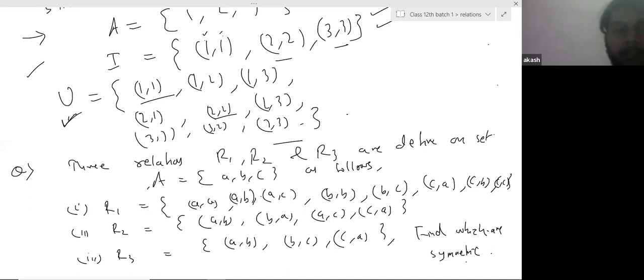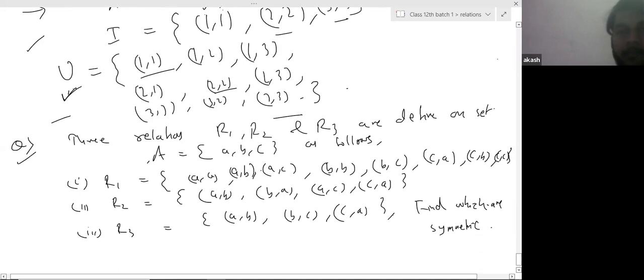All right, everyone who noted that down, write down this question and send the answer in the chat. Which of these relations are symmetric and which are not?